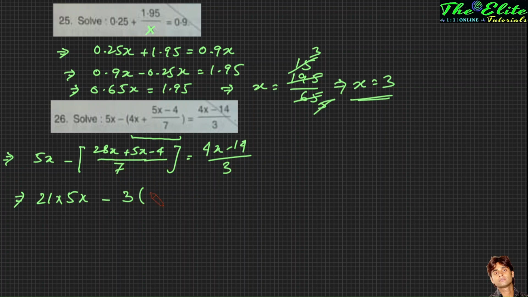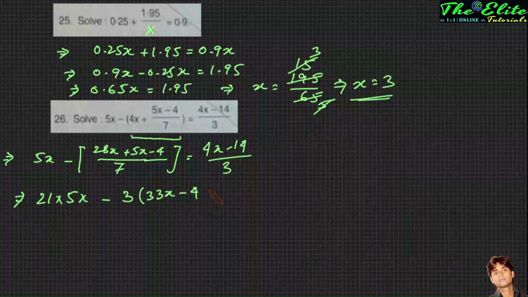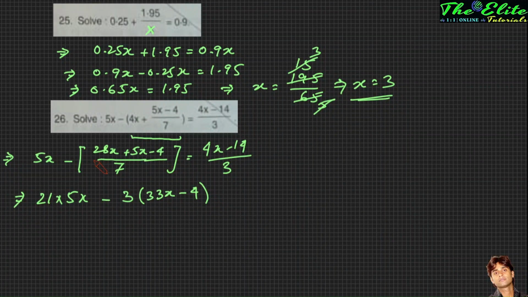So it is 33x minus 4. If we multiply the whole by 21, it will give you 3, like 21 upon 7 is 3, so 3 will get multiplied by this. I hope you understand. When we multiply this whole by 21, 7 will be there on the top, and then 4x minus 14. Try to understand, okay?